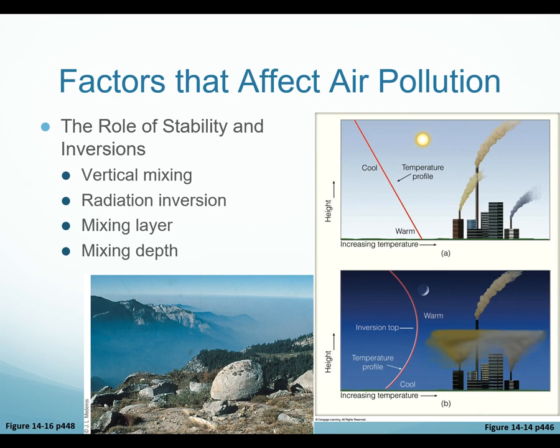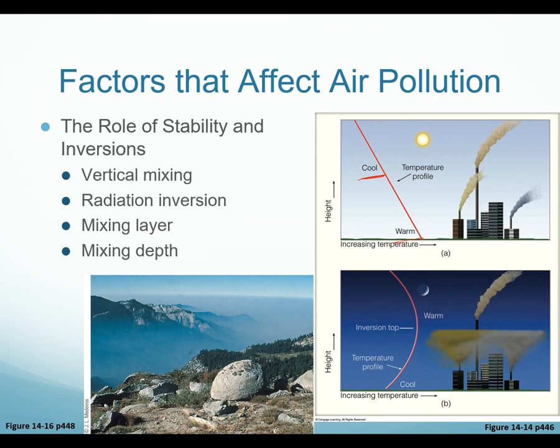Now, what about the stability of the atmosphere and inversions? Well, the stability of the atmosphere has a huge role. If you have this figure on the top, figure A here, you have an unstable atmosphere where the upper atmosphere is cooler, the lower atmosphere is warmer.